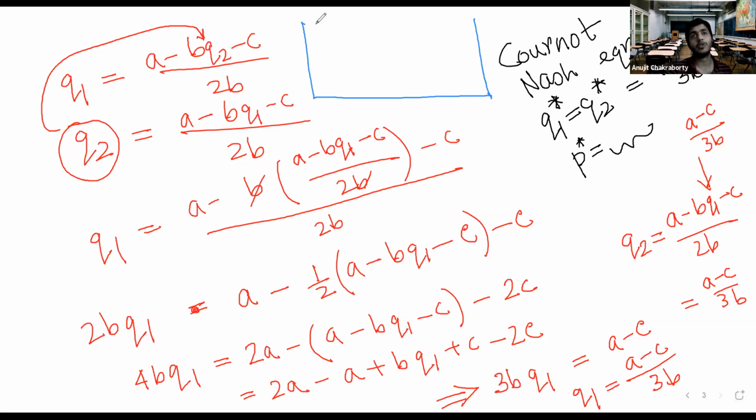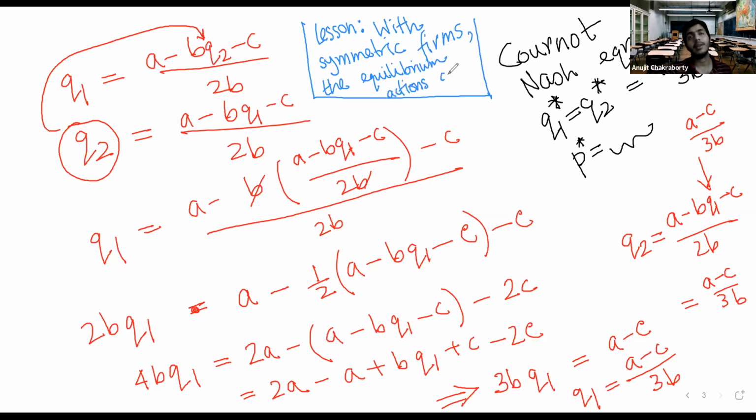Of course, we found out how to solve the problem, but the lesson here also is: with symmetric firms, like the ones we had, two firms who were completely symmetric, who had the same cost function, and here it means they have the same cost function and they're facing the same demand curve, the equilibrium actions are identical.